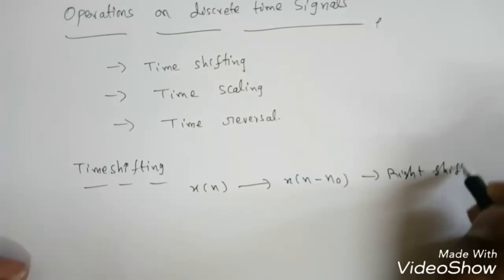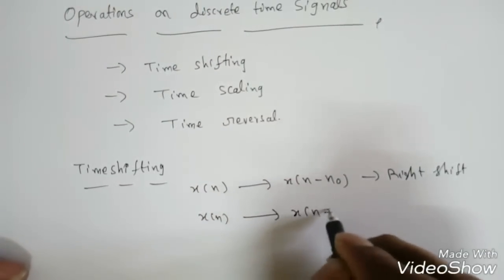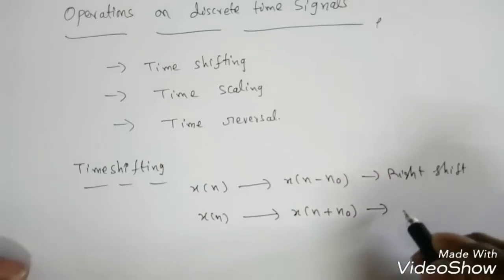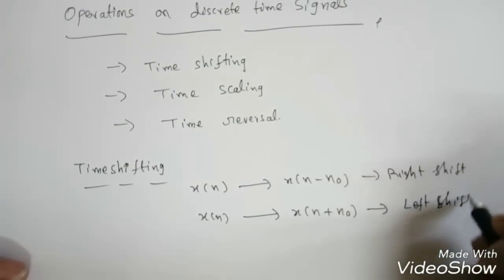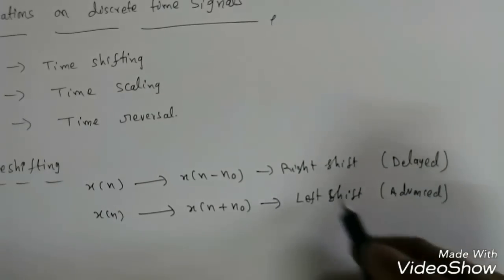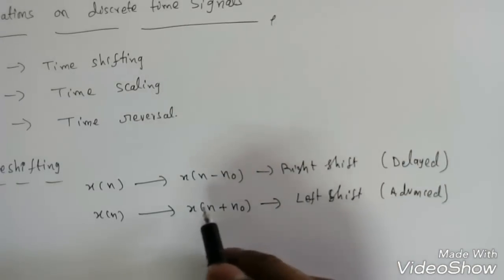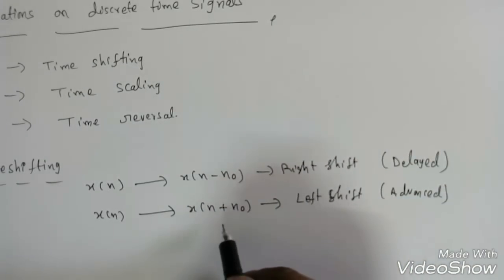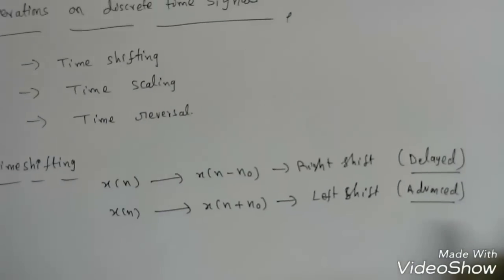Next, x of n plus n naught is a left shift, an advanced version, while the other is a delayed version. Delayed means it will come after some time. Advancement means it is coming before, right? That's why this is advanced and this is the delayed version.